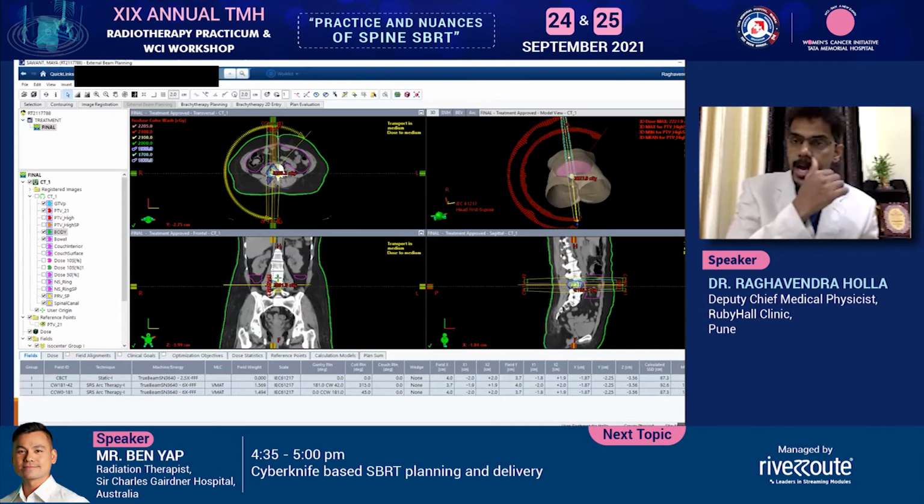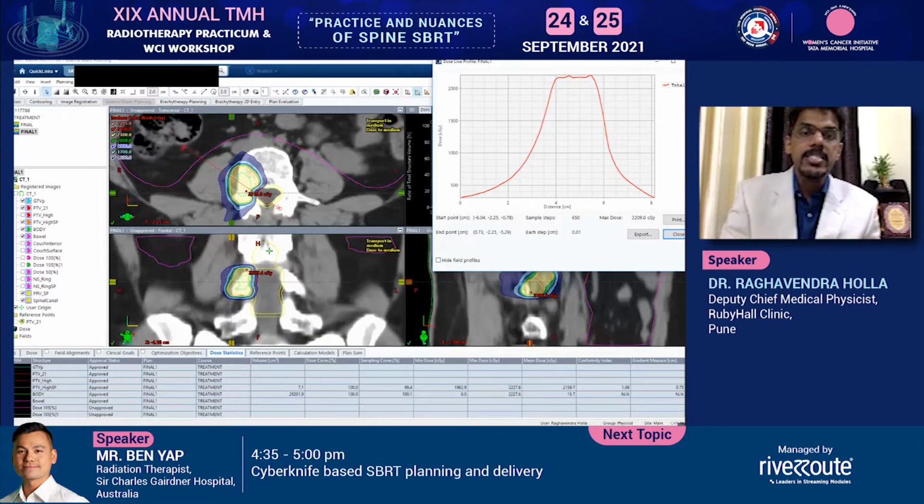And instead of a full arc, I used partial arcs in this particular case, so that I don't need to come from the opposite side at all. And this is how the ultimate plan is generated. Here also the dose gradient towards the spinal cord, at this particular angle, is very good. And almost all the criteria, like the 18 gray less than 0.35 cc, are also reached in this particular case.